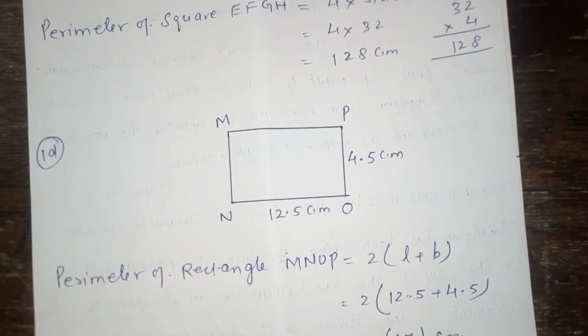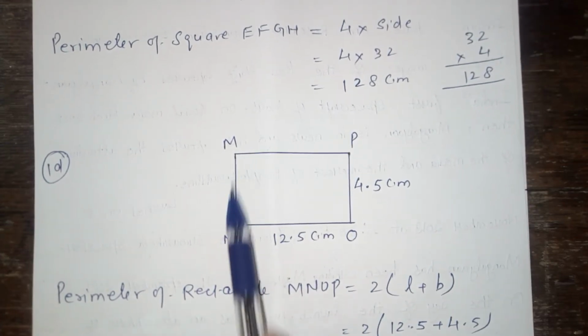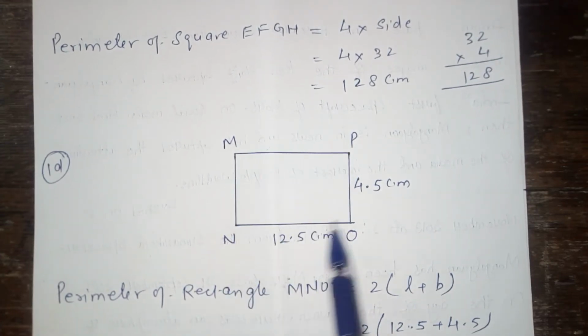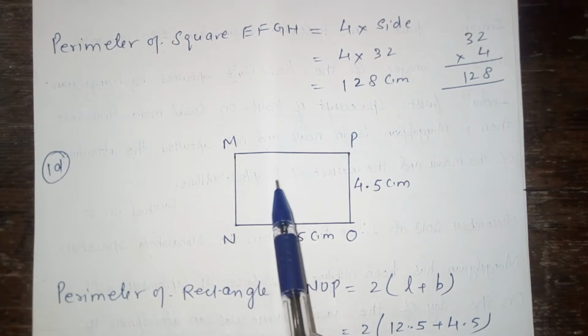Again, we will discuss one more problem. Suppose MNOP. This is a rectangle. In a rectangle, opposite sides are equal.